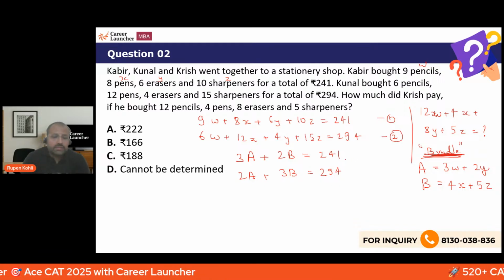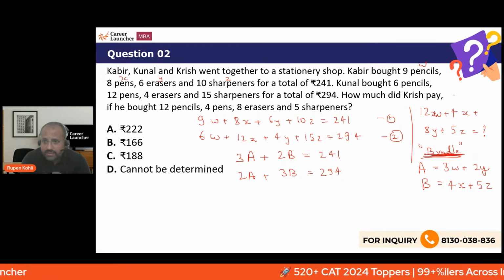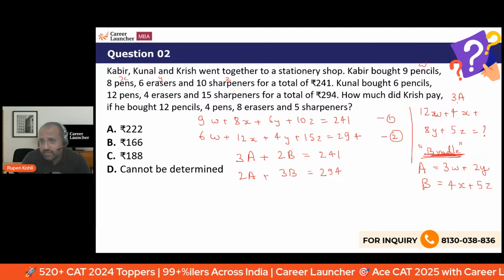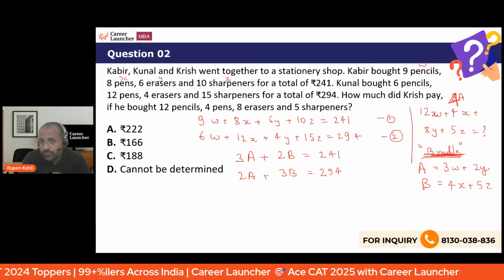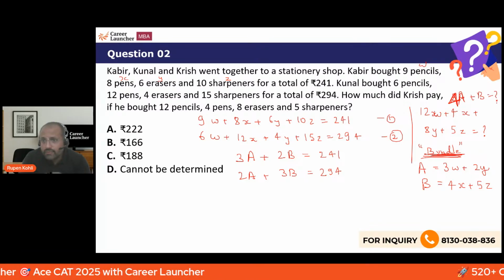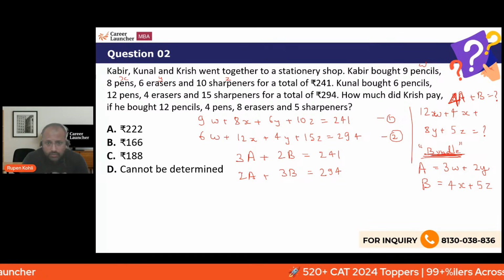Now let's solve this. What we need is 12W plus 8Y, sorry, that is 4 bundles of A, and 1 bundle of B. That is the value that we need. So obviously we can find this, right? Okay, so just solve as usual.